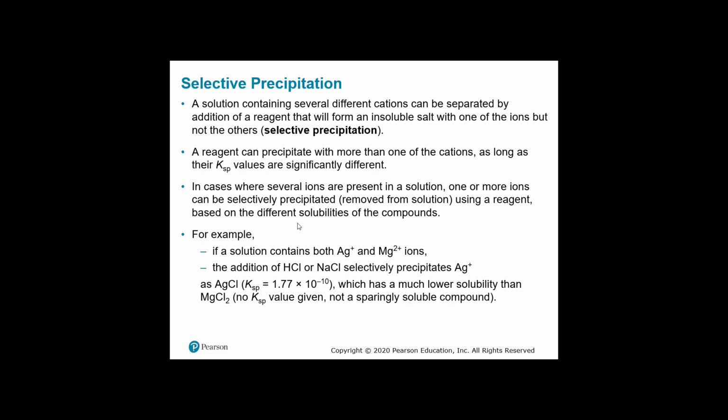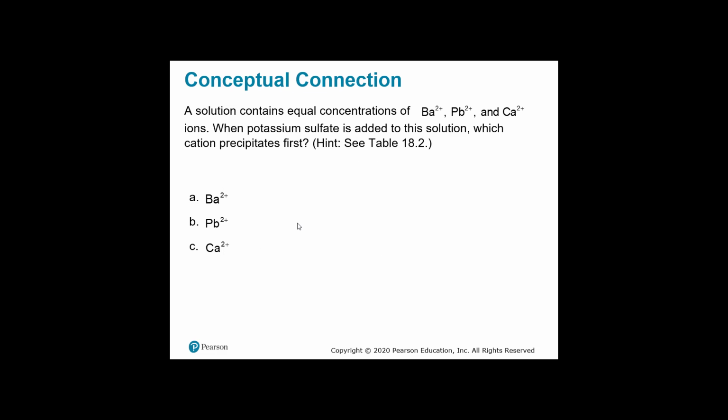But remember, the lower the KSP value, the more insoluble it is, and the higher the value, the more soluble it is. So in this case, silver chloride is going to precipitate out once it reaches that low value, before it even gets to the magnesium chloride.